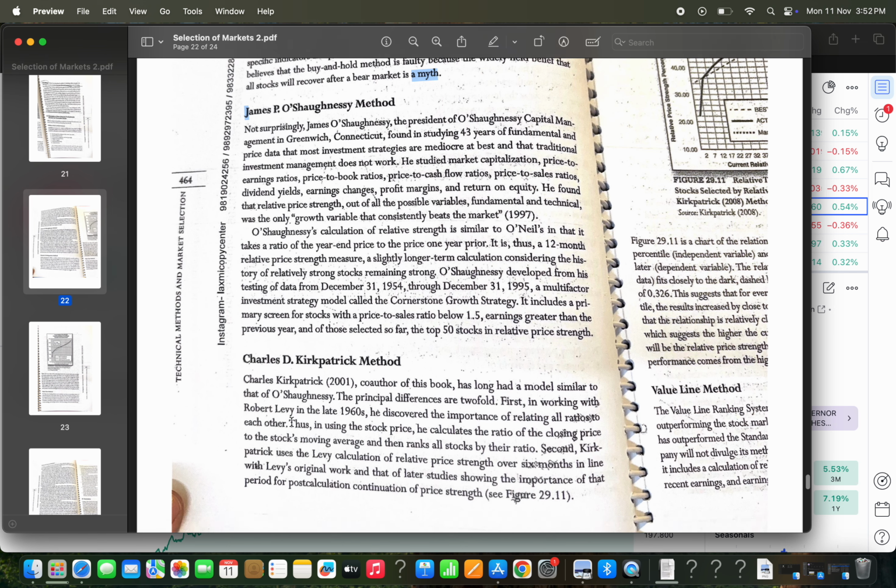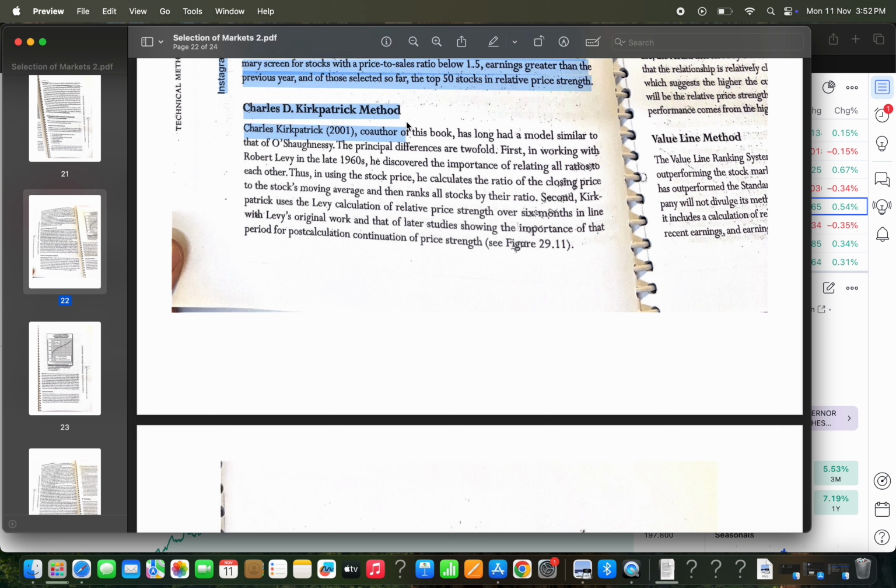And then he also used many screens. For example, if the price to sales is below 1.5, earnings are greater than previous year, and then so on. When we talk about the Charles Kirkpatrick method, we saw that he was ranking his stocks by calculating the closing price.